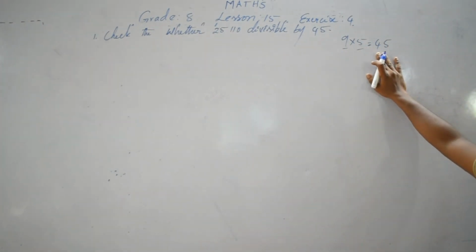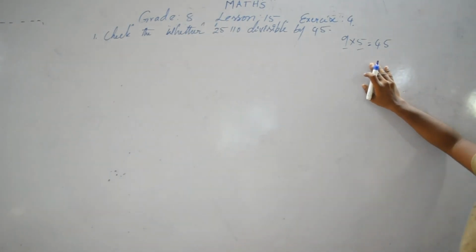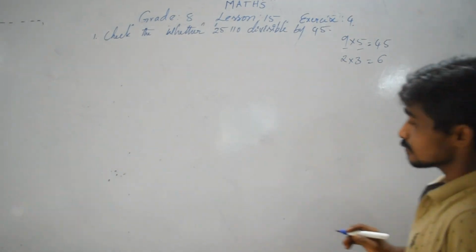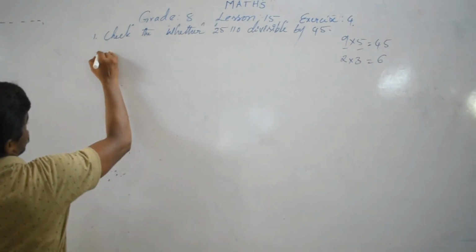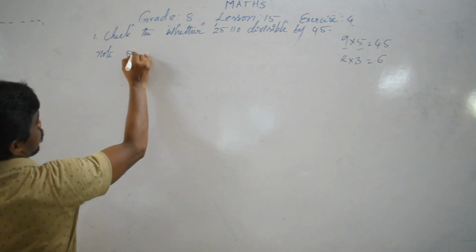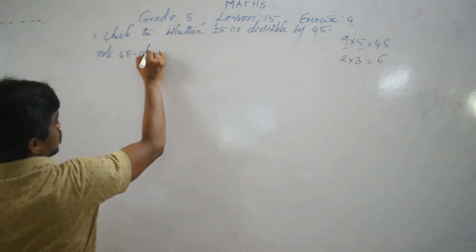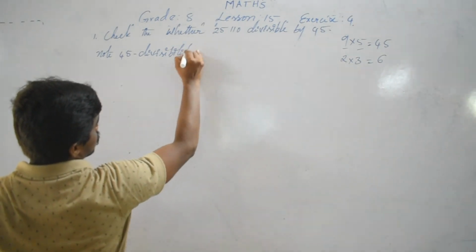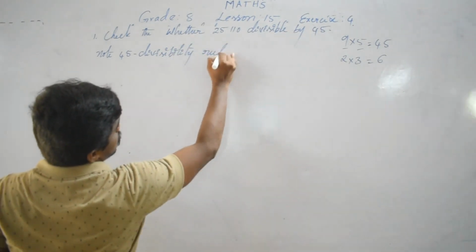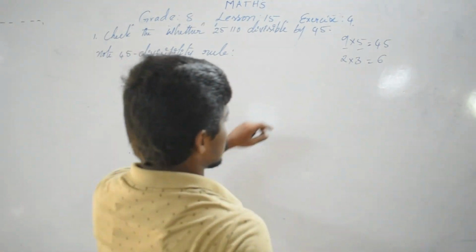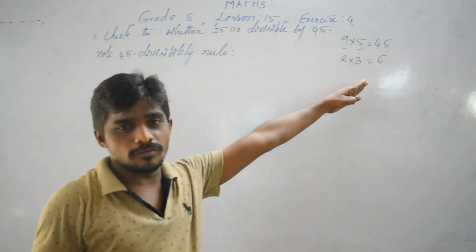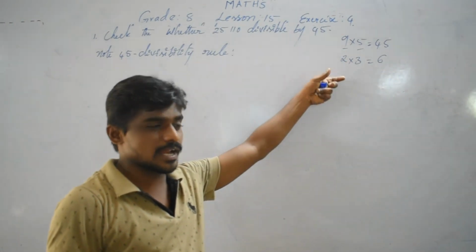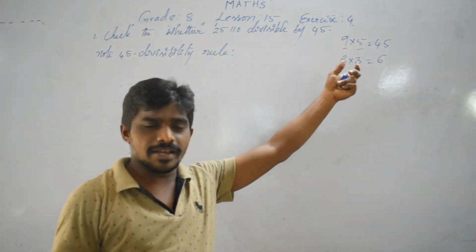That is the 45 divisibility rule, like 2 3s are 6. Simple. Take the 6 divisibility rule: a number is divisible by 6 when that number is divisible by 2 and divisible by 3.